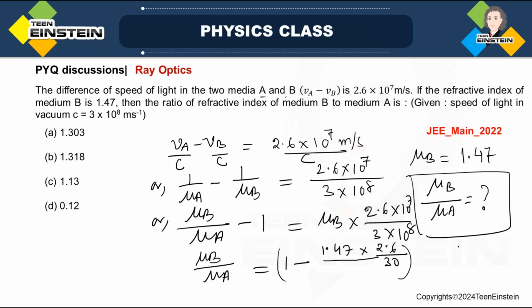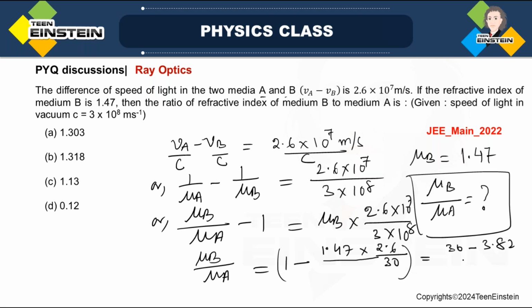So after multiplying, what we will get, 2.6 into 1.47, this will give you 3.822.